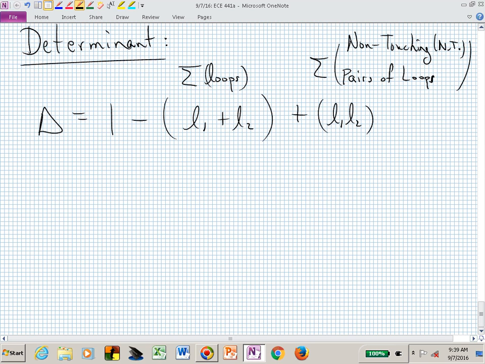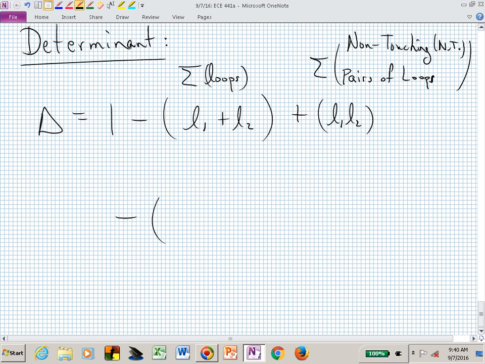The first piece that we subtracted was just the single loops. The next piece took them in pairs and took their product and summed those up. Then we just keep going and we alternate the sign. We have minus, we had pairs, now we have triples. So if we had 3 loops, we form the product of those 3 if those 3 do not touch.